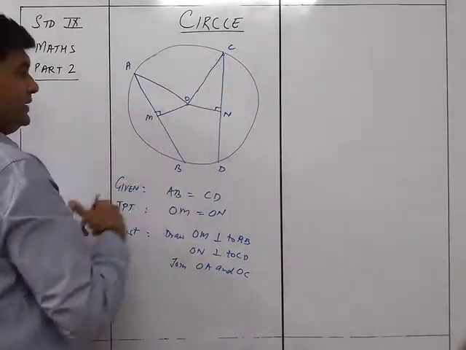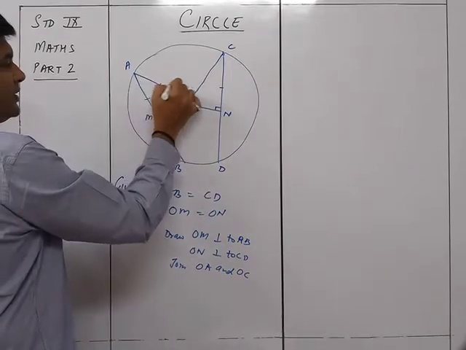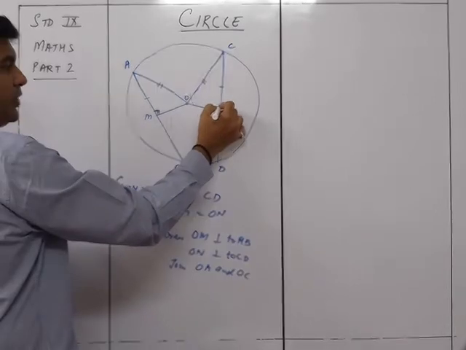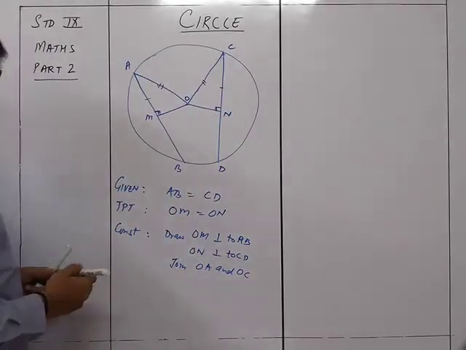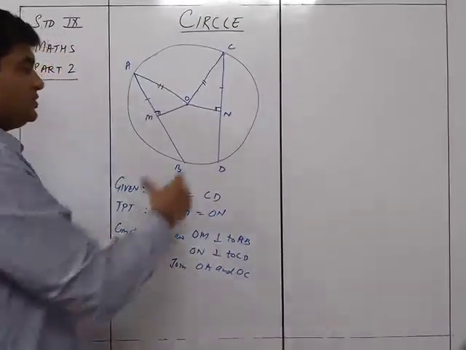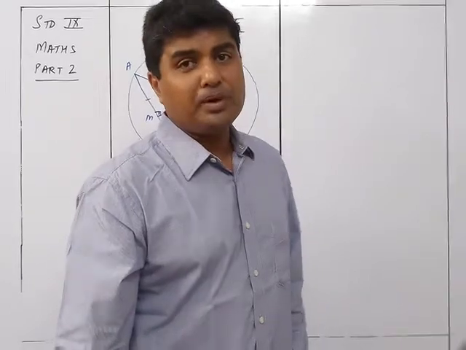So AM is equal to CN. These already are equal because they are the radius. So these are the two radii, and these are 90 degrees because it is given by construction. So accordingly, by RHS test, both the triangles are congruent. Hence OM is equal to ON. This is how we are going to prove theorem number 3.